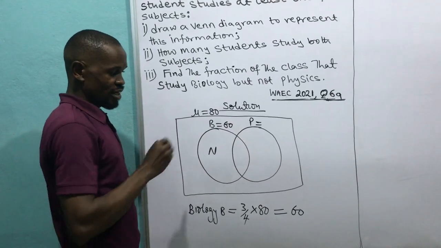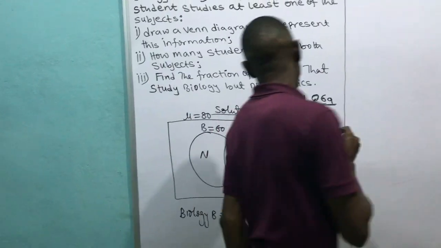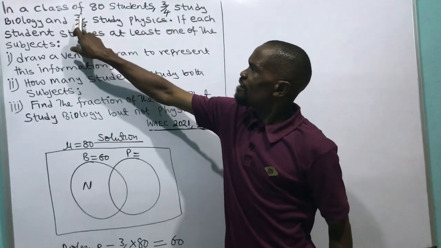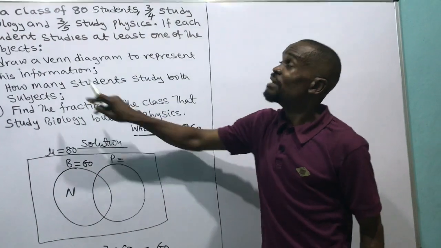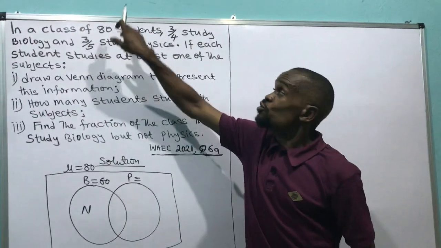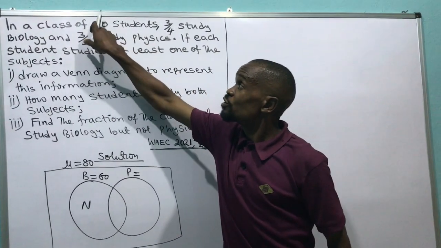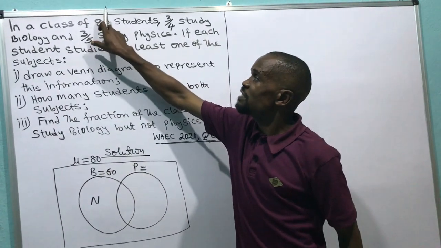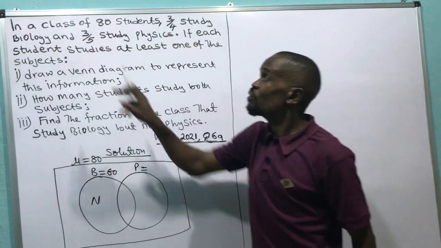You follow? Then again, they told me that 3/5 study physics. That means 3/5 out of the 80 students in the school study physics.